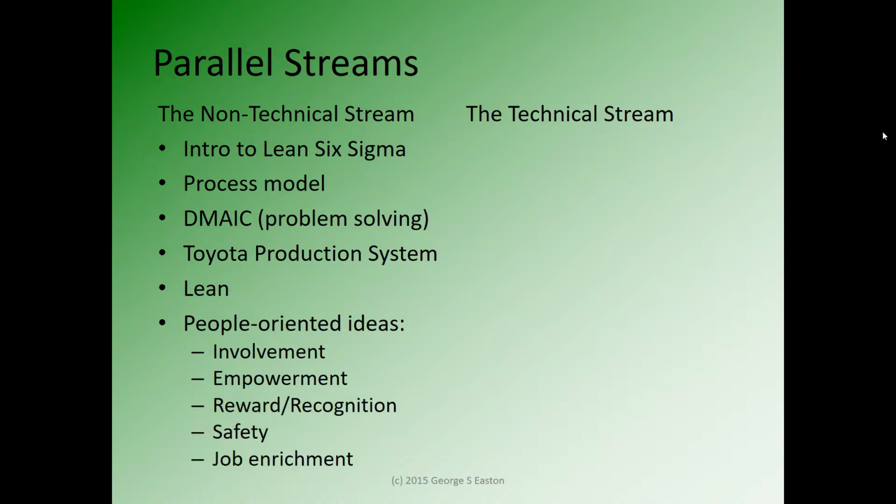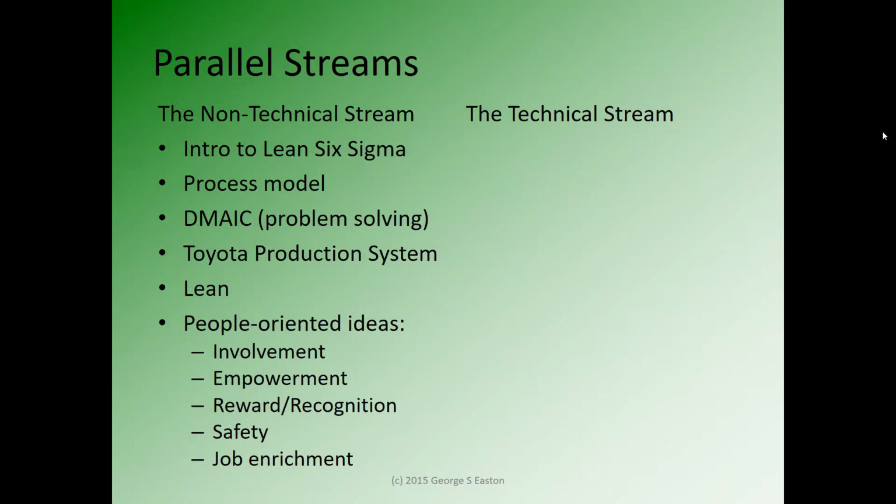All of these topics really have to do with the management system and the management structure, and they're not inherently technical. So we'll be going through this non-technical stream. But at the same time, in every cycle, we're going to be going through the technical stream as well. So each cycle will contain non-technical things and technical things.